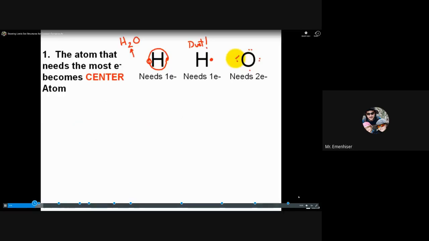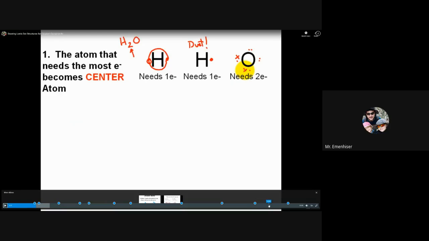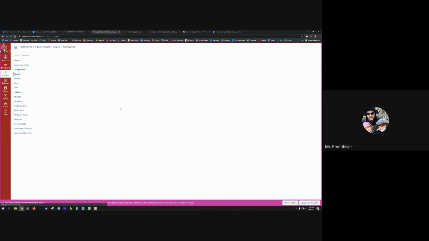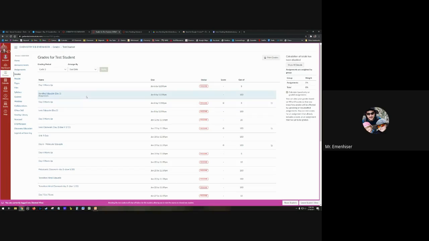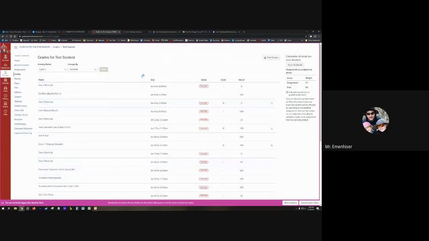And so answer these questions. Just like an Edpuzzle, after you answer all the questions, it automatically saves. But one better, it also puts it in Canvas. So if you go to your grades and you go to the video bonding quiz, which is going to be in here somewhere, covalent bonding quiz, you should see your grade there. All right, so it should grade that for you.